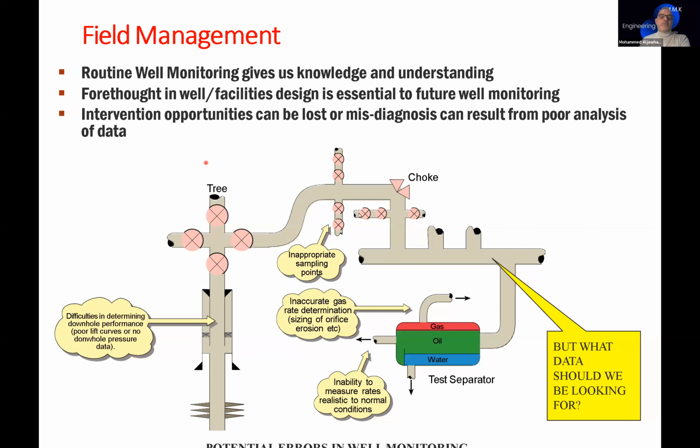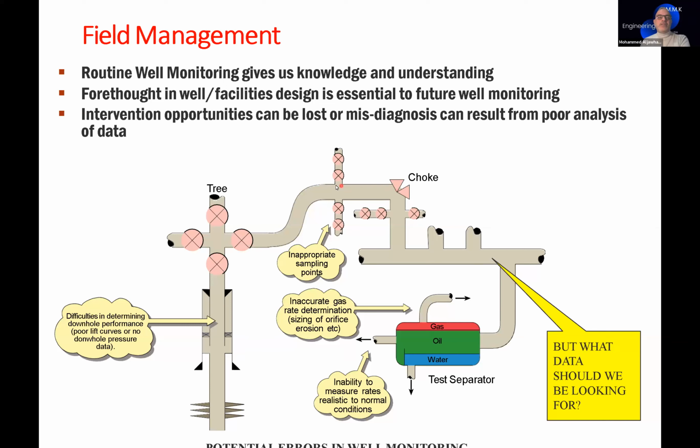For example, let's consider this whole system, starting from the reservoir to the wellbore to the Christmas tree, pipelines, chokes, surface facilities, etc., then to the degassing station. In all of these we have seen problems that can happen.